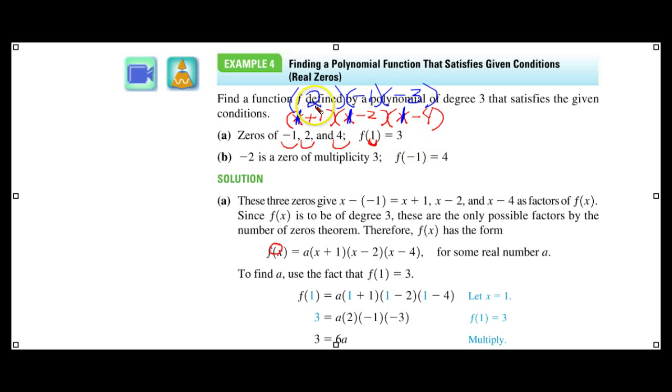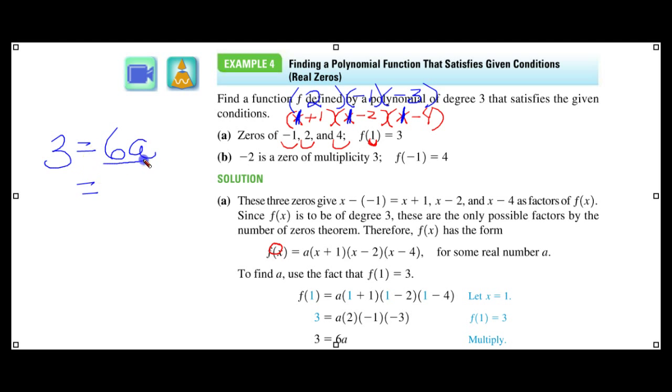So we now have, and then they have this down here in this line, 2 times a -1 times -3. This is a positive 3 times 2 is 6a. So we then have 3 equals 6a.